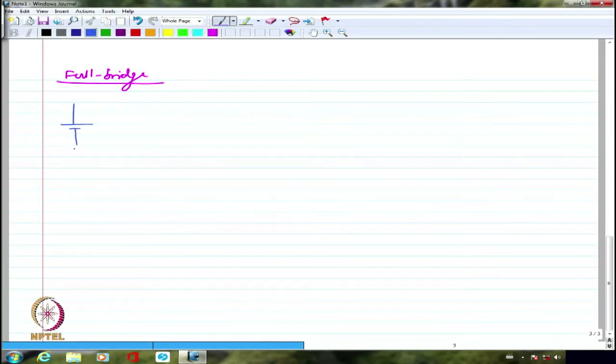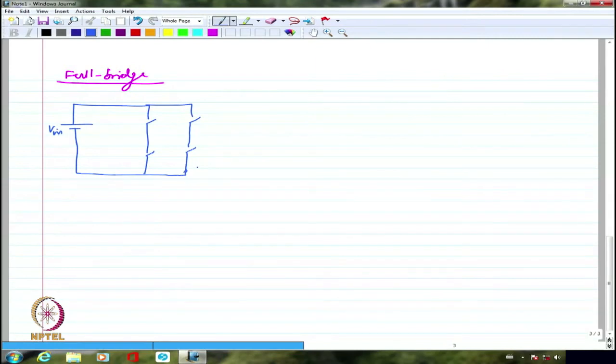So in the full bridge, I'm going to have this as my DC power supply, which is V in, and the connection is very similar to what we saw as the full bridge rectifier. I'm going to have two switches connected in one leg of the bridge, and there are two legs basically.